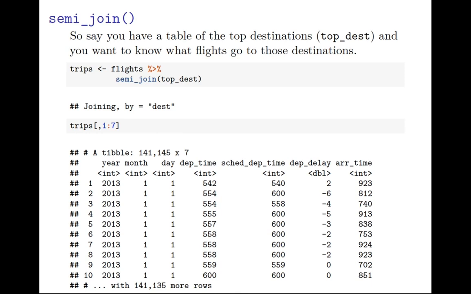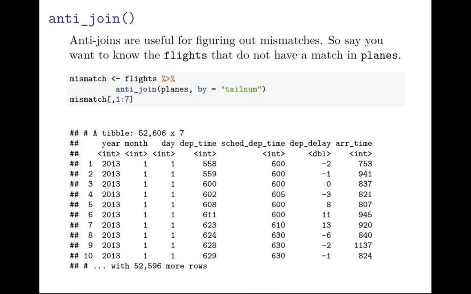Those are all of the entries in both. An anti-join is really useful when you're trying to figure out mismatches to see if you have any mistakes or just mismatches. So say you want to know the flights that do not have a match in planes. Here you can do the anti-join between flights and planes by the tailnum, and then you get your set of mismatches.